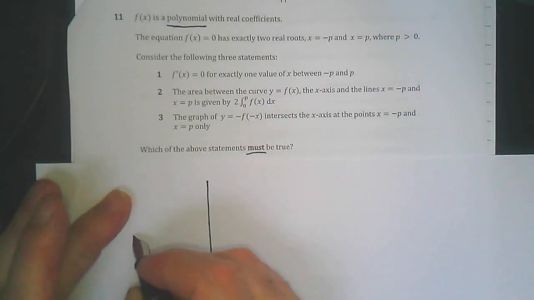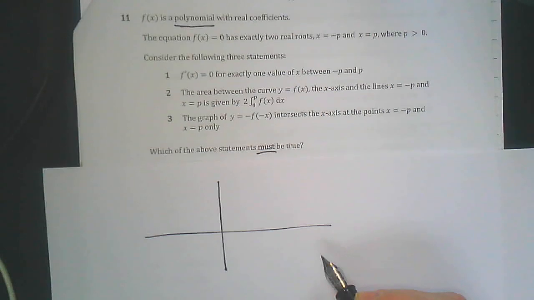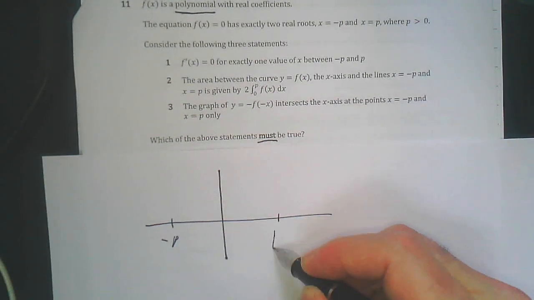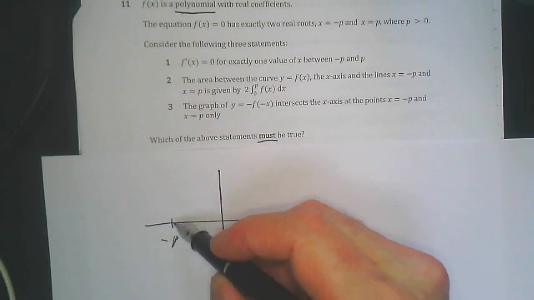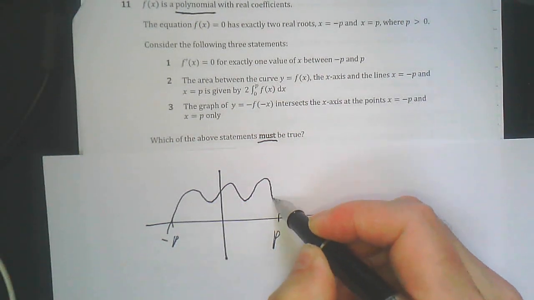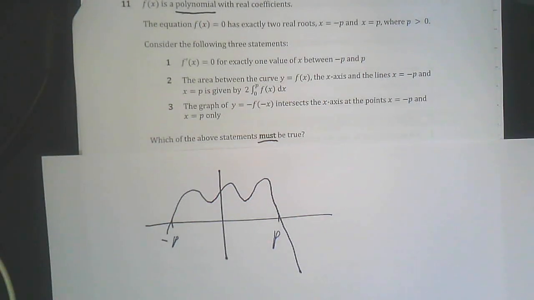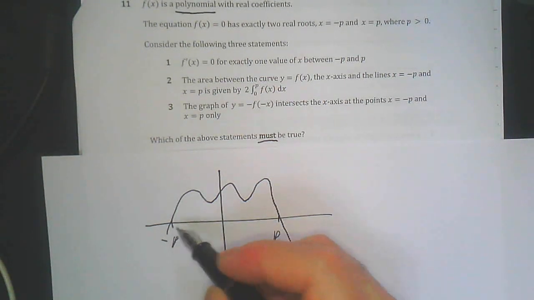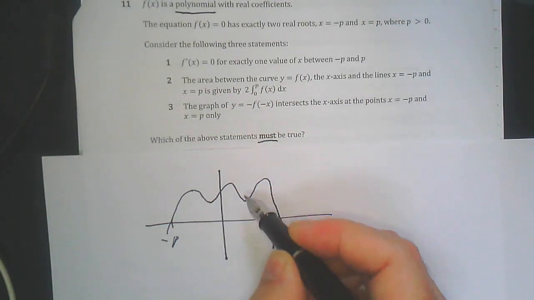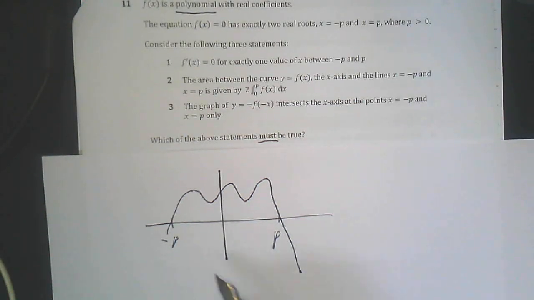So when it says there's a root at minus p and p, there's nothing to say that it hasn't got lots of turning points between the two roots. So this could be some sort of polynomial, and we've actually got 1, 2, 3, 4, 5 turning points between minus p and plus p.